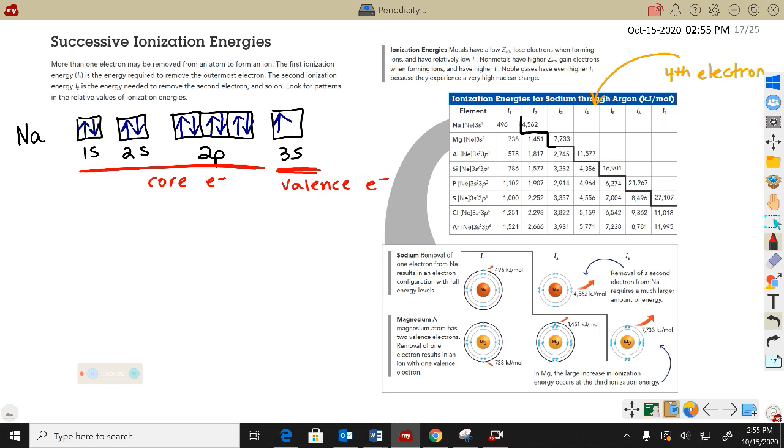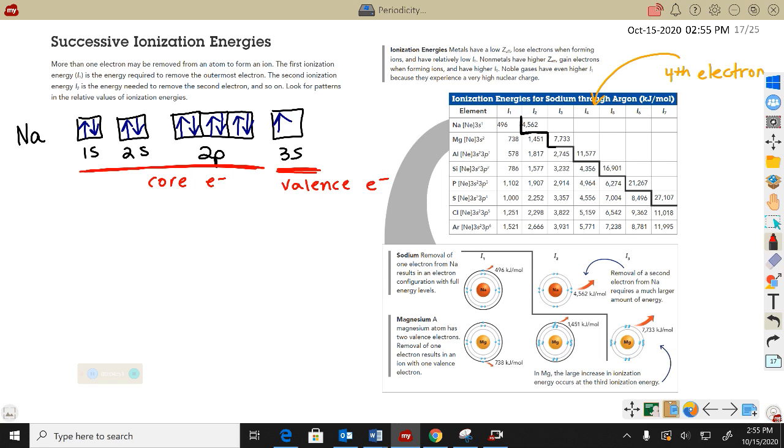The goal is to lose electrons to a point where I have a full outer shell. Right now I've got one valence electron, and sodium would like to lose that one, because then I'm just down to all my core electrons. And my core electrons are the stable electrons that are in nice full orbitals. And I've got a full energy level then.